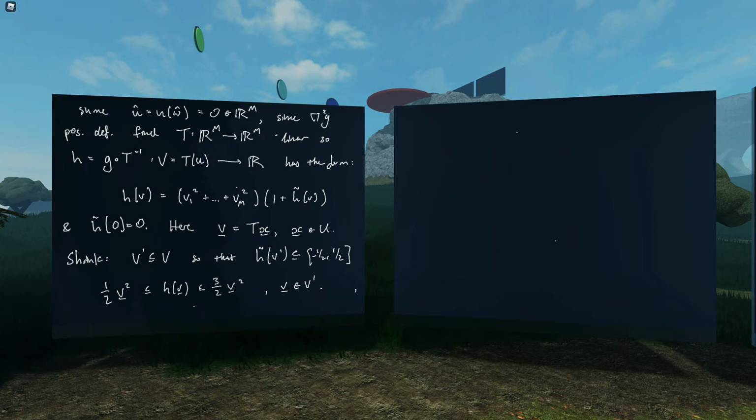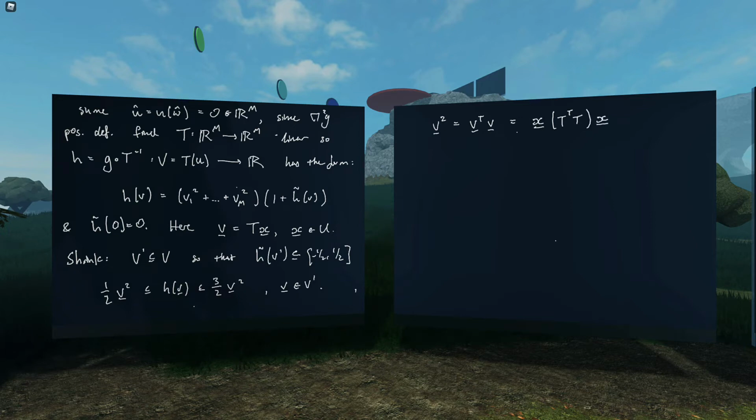So we can write v squared as v transpose v. And so that equals, where x are our coordinates on v, x transpose t transpose t x.